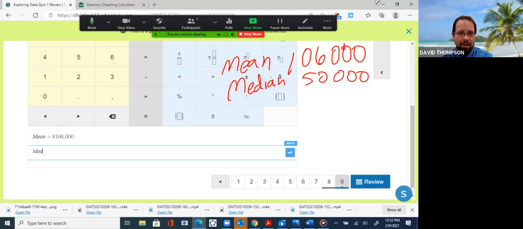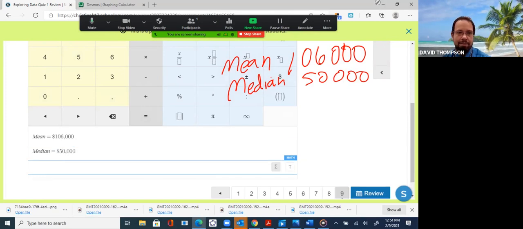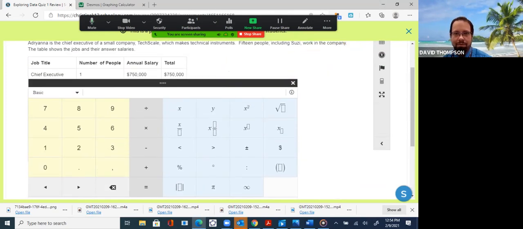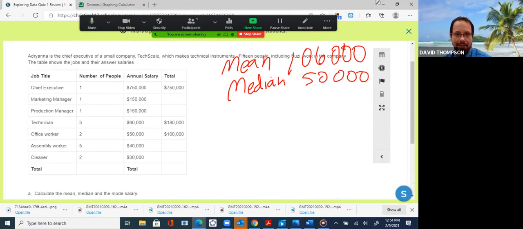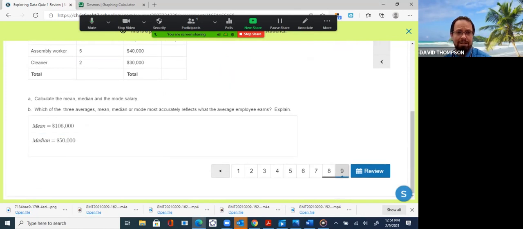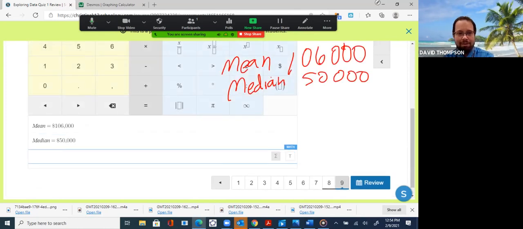Our median was $50,000. And our mode is the easiest one to pick off. That's just the number that had the most number of people making that amount. So since there's 5 people making $40,000, and that's the most number of people making that amount of money, our mode has to be $40,000.